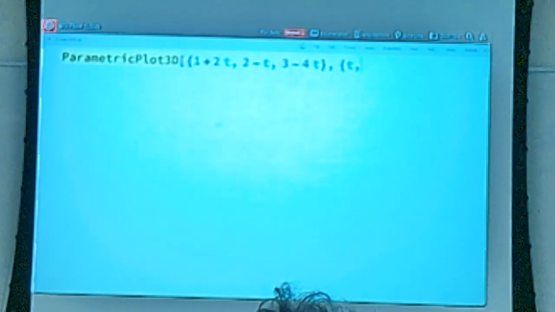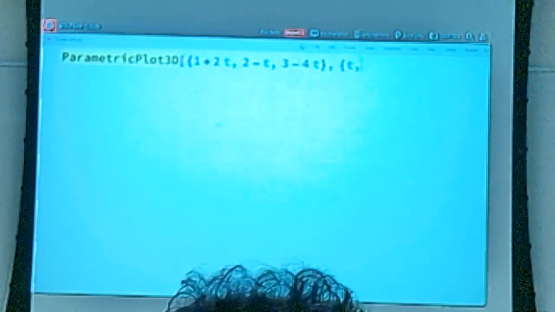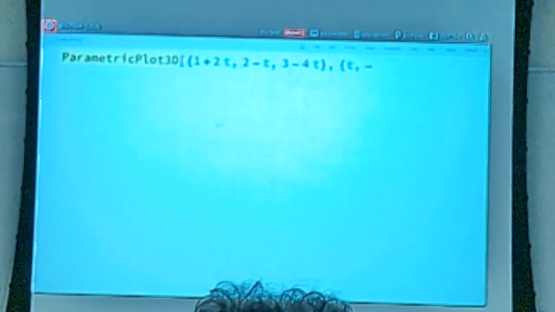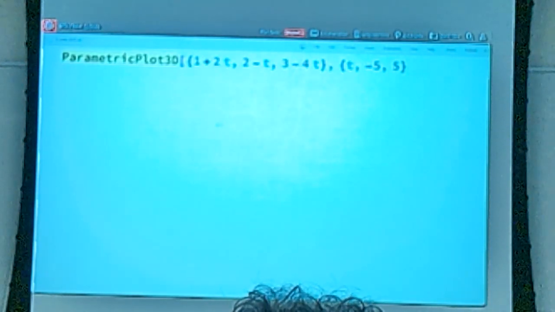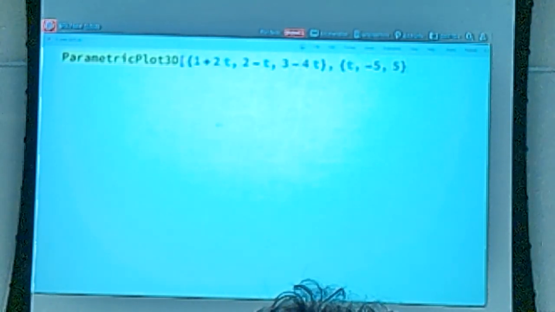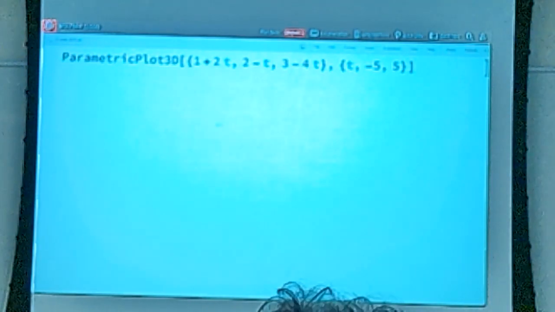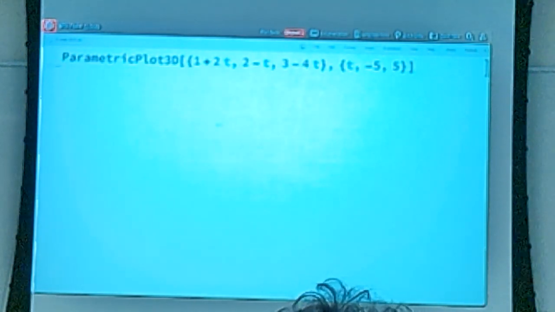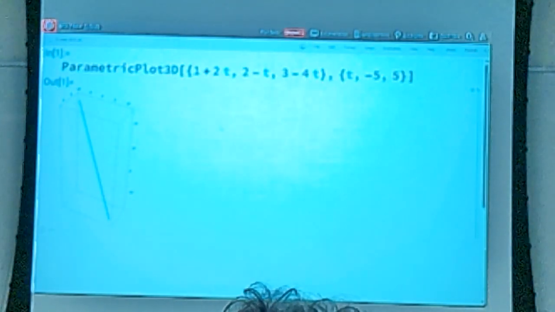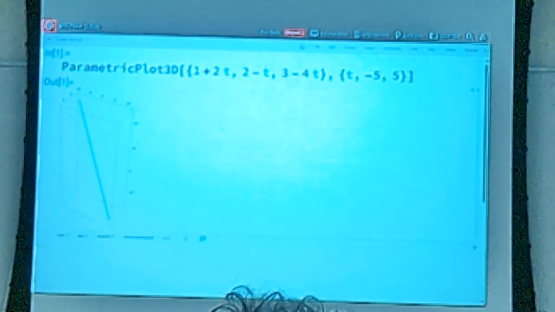We obviously can't plot the whole thing. Pick a domain for t that you want to plot over. And that's technically all you need. And that's what it would give you.